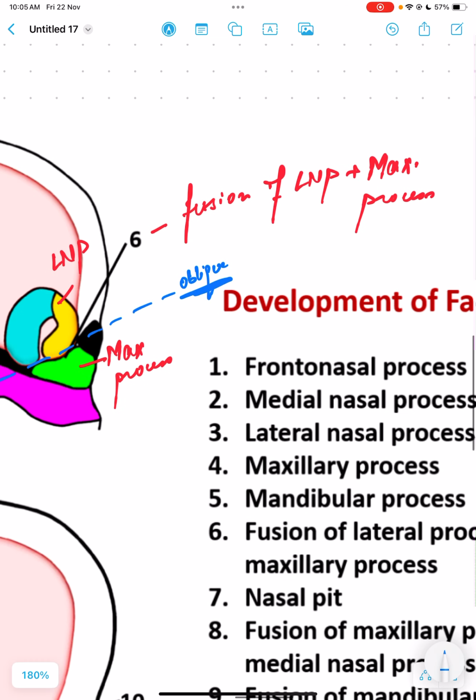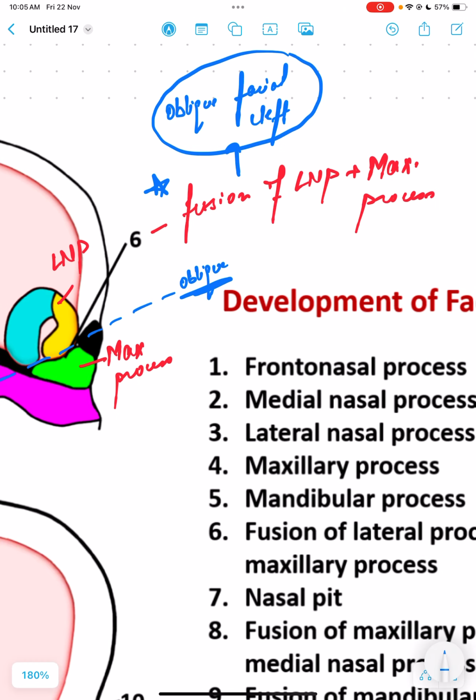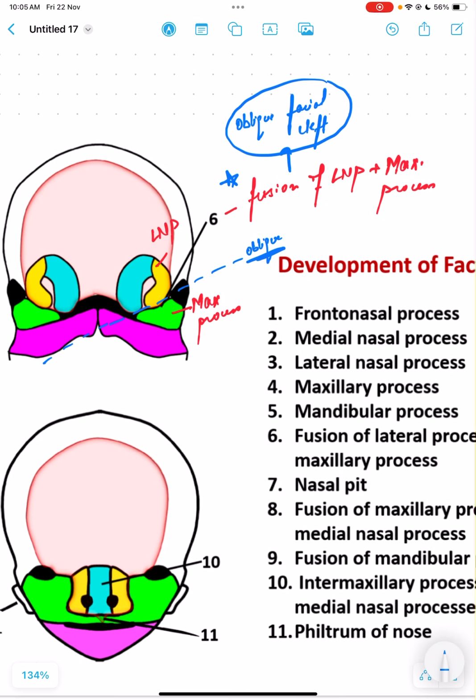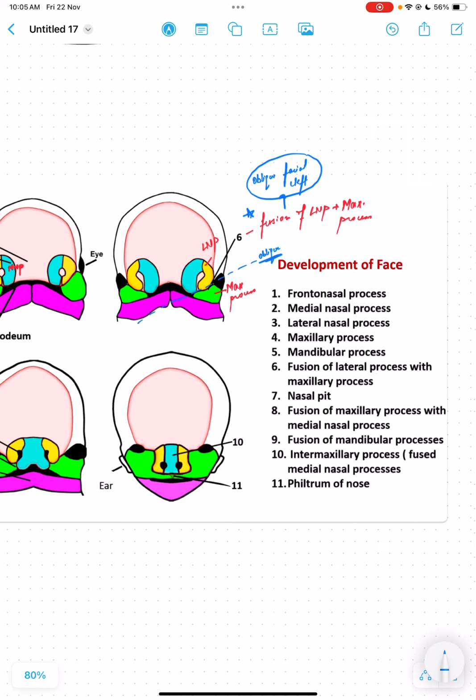If this fusion does not happen, then there will be the formation of oblique facial cleft. You can search on Google for the diagram of the oblique facial cleft, but I have made you understand that if the lateral nasal process and the maxillary process don't fuse together, they will form the oblique facial cleft.